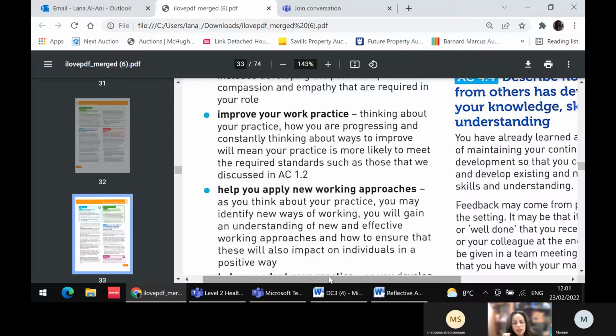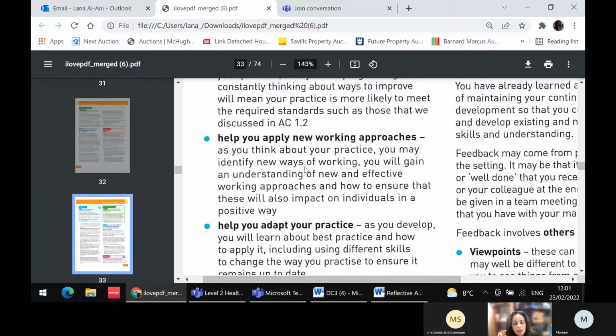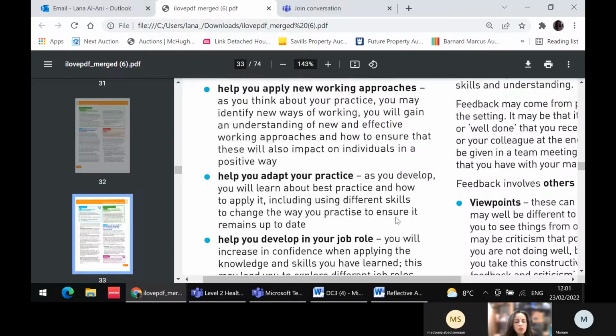Also it will help me apply these new work approaches to my own work. So as you think about your own practice, you may identify new ways of working. You will gain understanding of new and effective working approaches, and that will improve the work in general. Also it will help you to adapt your own practice.